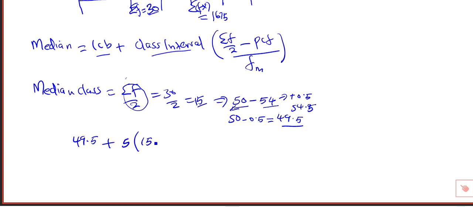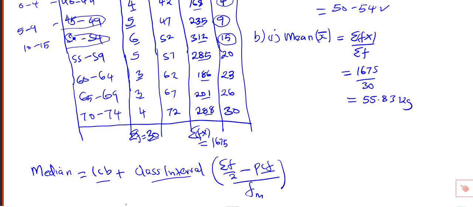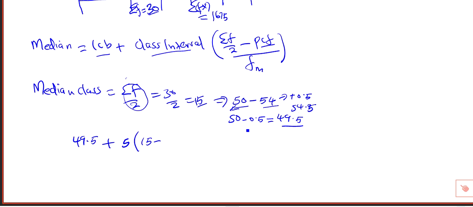So we take that 15 minus PCF, which means previous cumulative frequency. You come to that class and identify what the previous cumulative frequency was. Here, the previous cumulative frequency becomes 9.